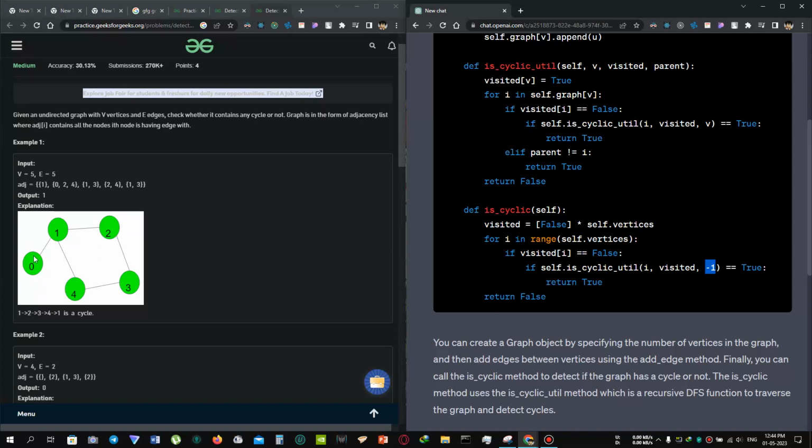That is why the parent of 0 is -1. But when you go to 1, who will be the parent of 1? 0, right? Because you came from 0. So only 0 has the parent -1, because you are literally starting from here.